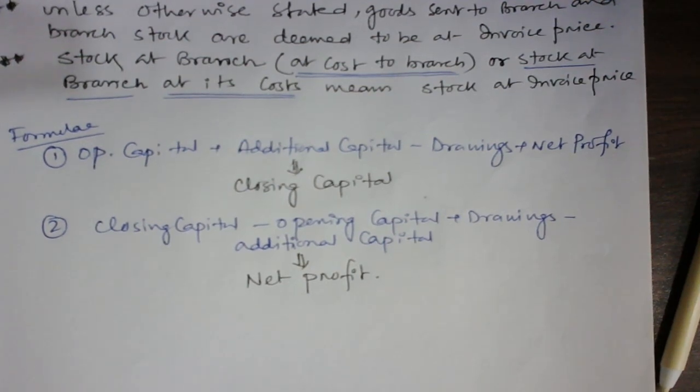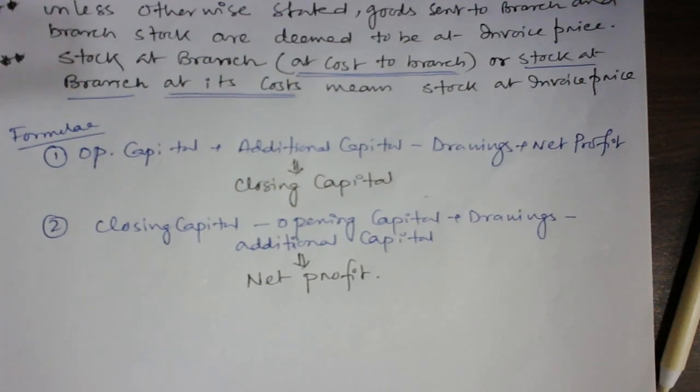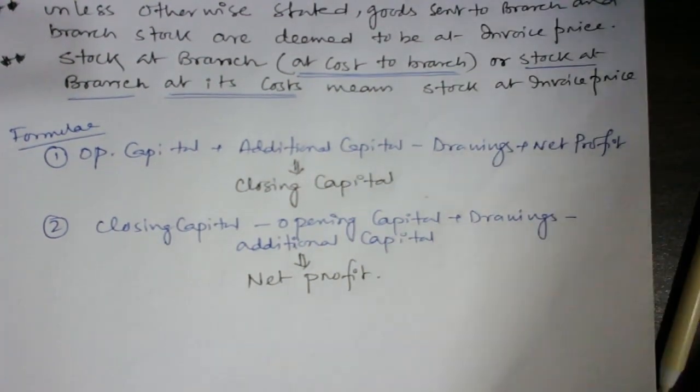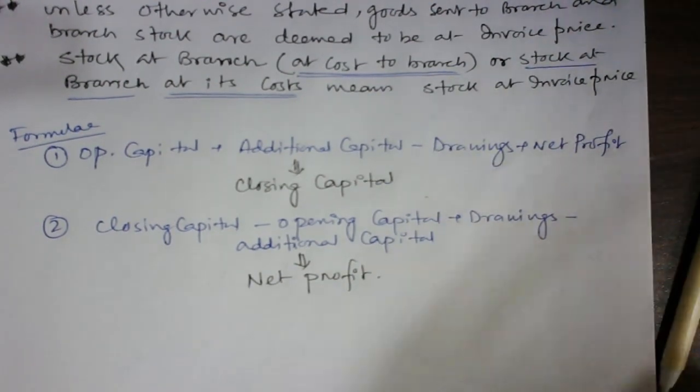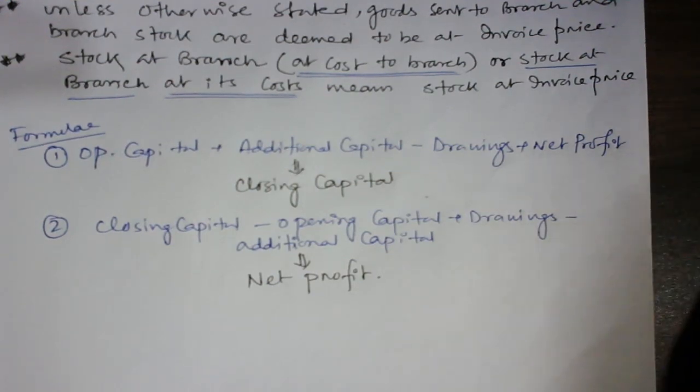So that is what is written, clearly given. Closing capital minus opening capital plus drawings minus additional capital is called the net profit.